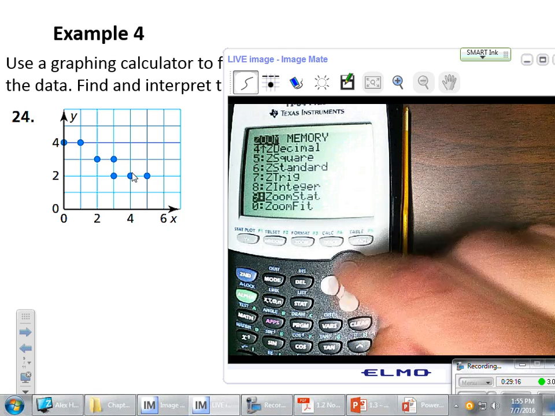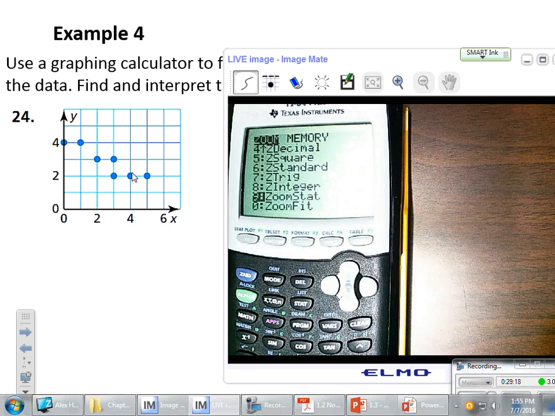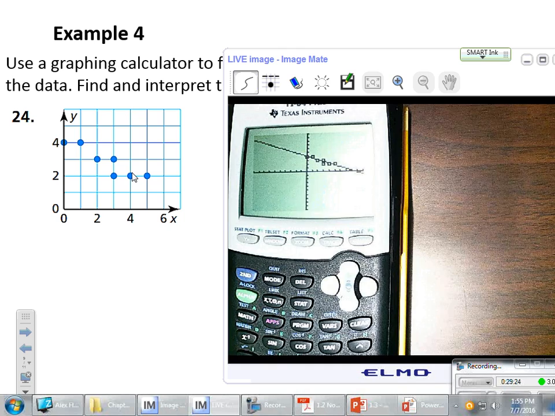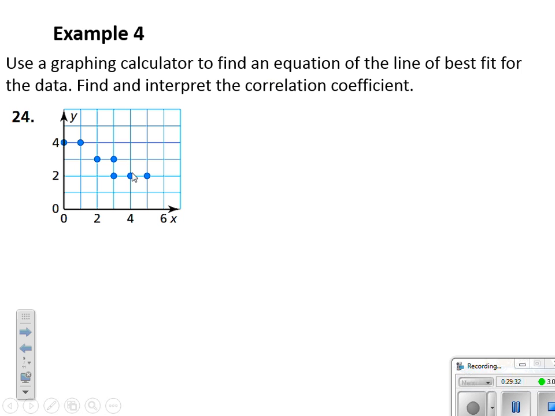That will adjust the window to fit all the points that you've entered in your list. So pretty neat how that does calculate the line of best fit, and it's a very nice line of best fit for our points here. All right, love seeing what that calculator can do.